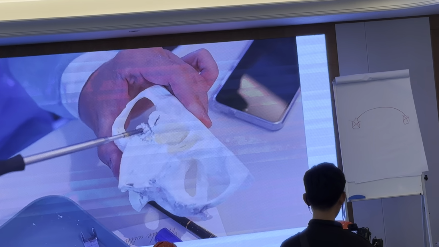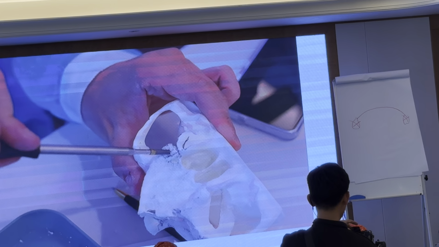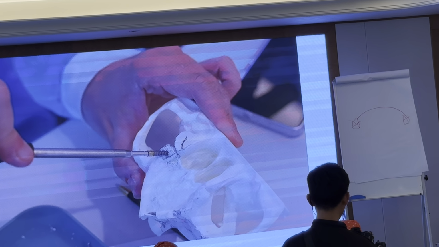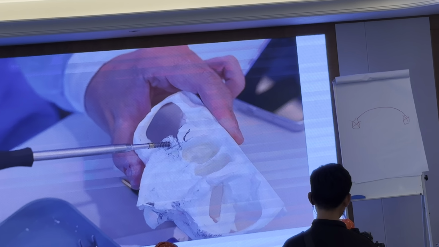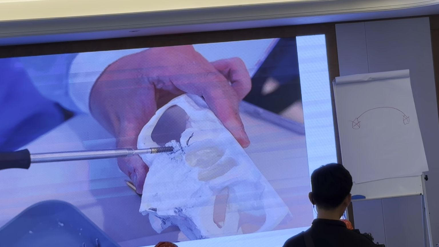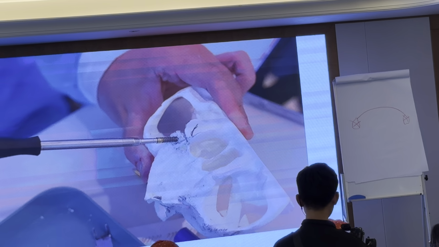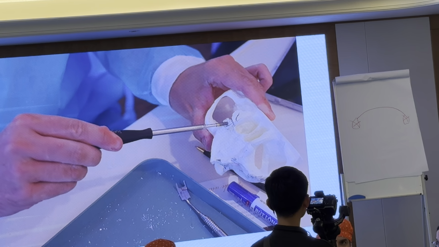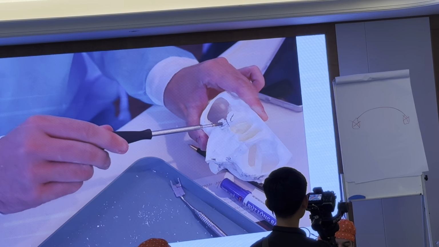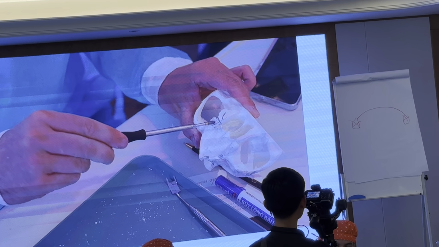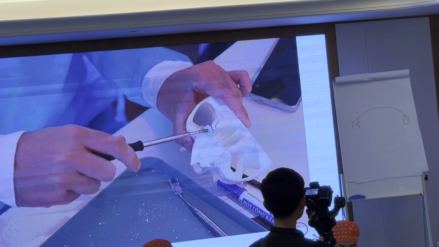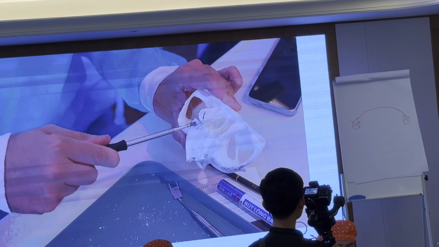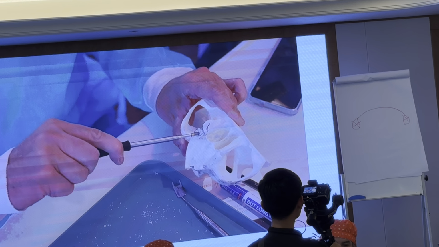Don't go directly like that, because we can change the inclination. First of all, use the finger, because the implant is self-tapping. When the implant starts to get taut, you change the inclination.